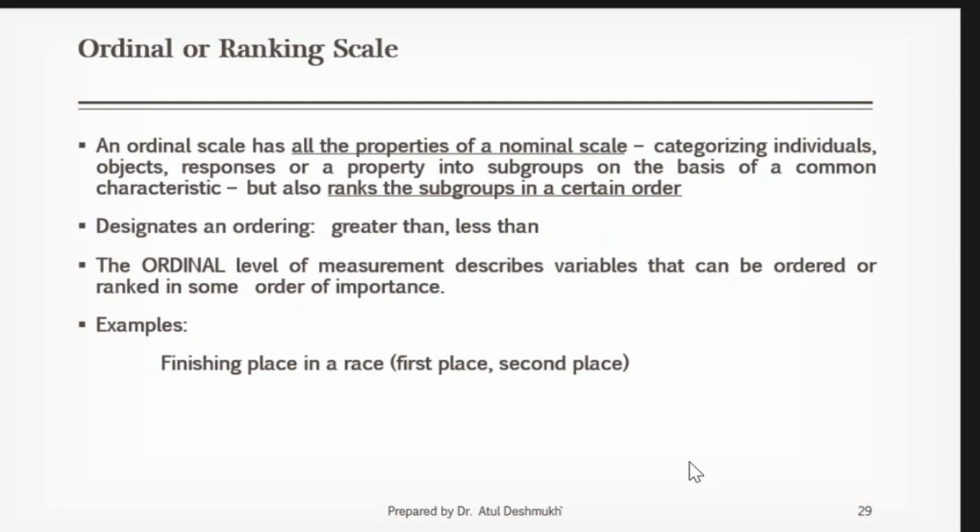So in an ordinal scale, or ranking scale, there is an order and that order is a natural order. That order has some kind of importance. Unlike the nominal scale, where there is no natural order and no importance. When I say there are 20 males and 20 females, there is no order. Nobody can say that males are superior or females are superior.